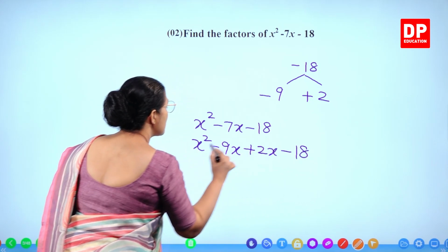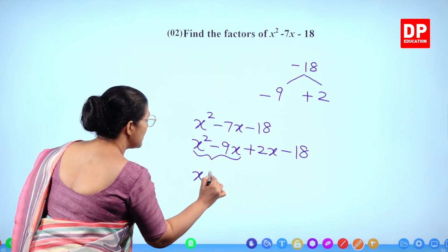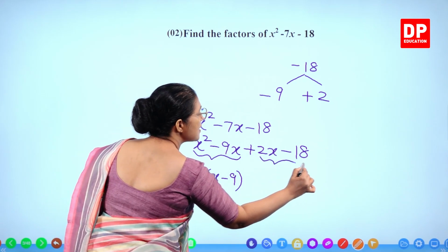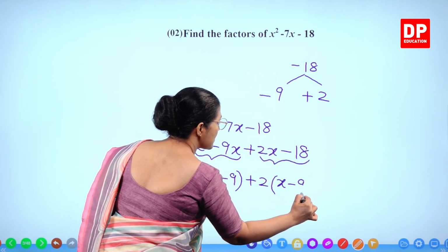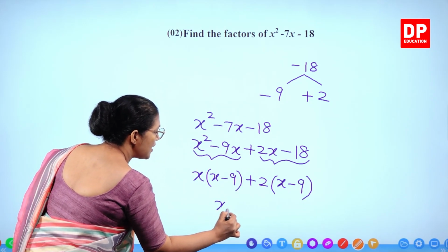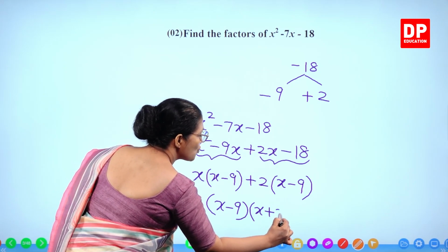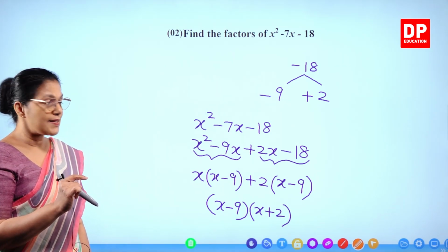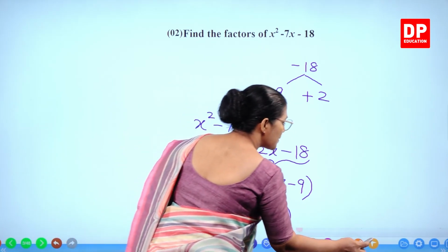Then take 2 terms at a time. From the first 2 terms take x out, x minus 9. From the last 2 terms take 2 out and you get x minus 9. X minus 9 is common, take it out and write x plus 2. So the factors of this expression are x minus 9 and x plus 2. That's 2 marks.